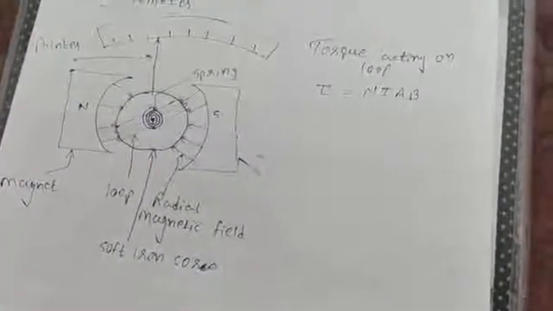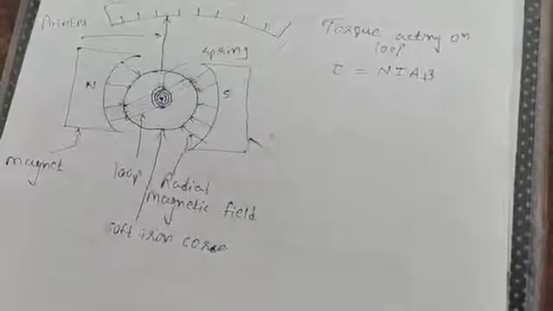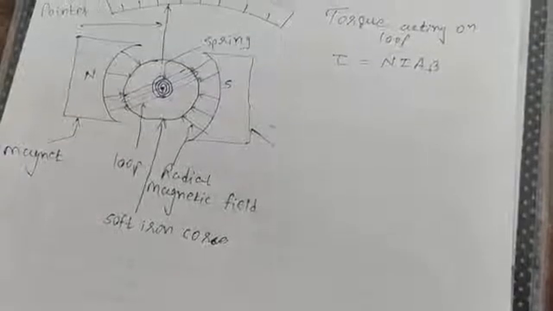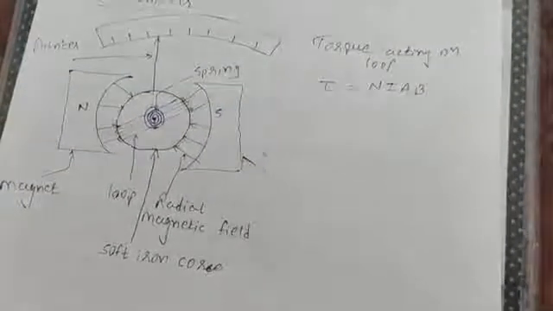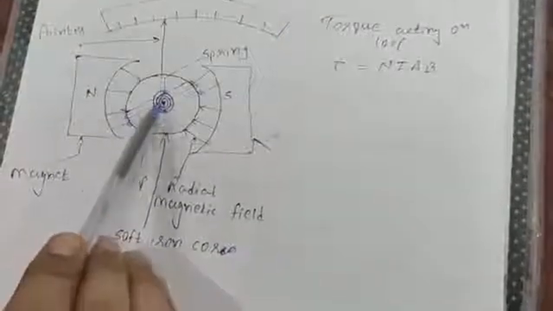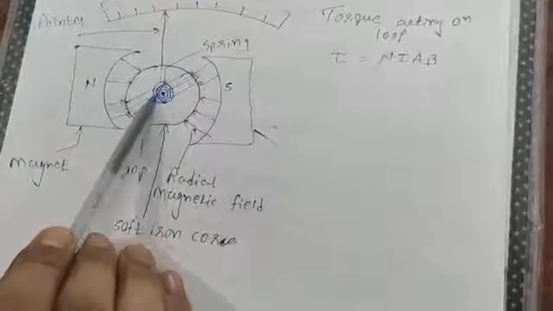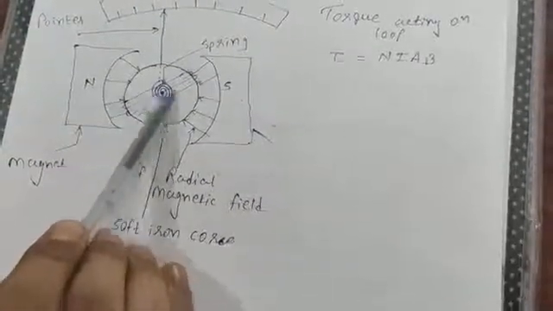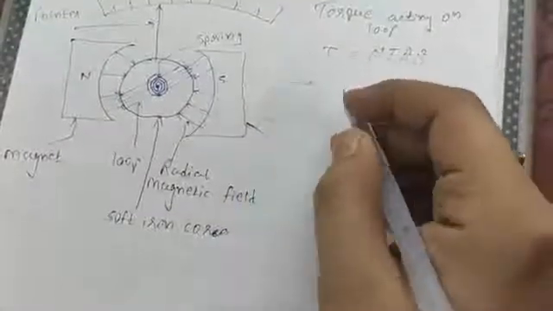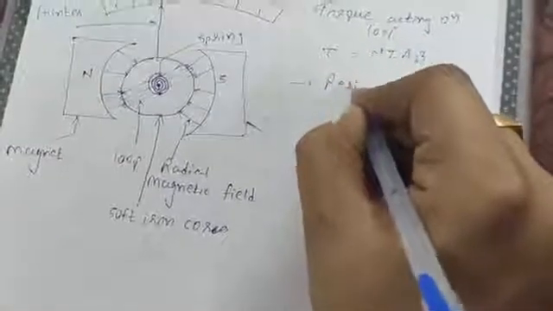You know that if you wind a spring in one direction and release it, the spring returns to its original shape due to elasticity. So here also, due to torque, the spring and the loop will rotate in one direction, but after releasing, the spring goes back to its original position, and the torque acting while it comes back is called the restoring torque.